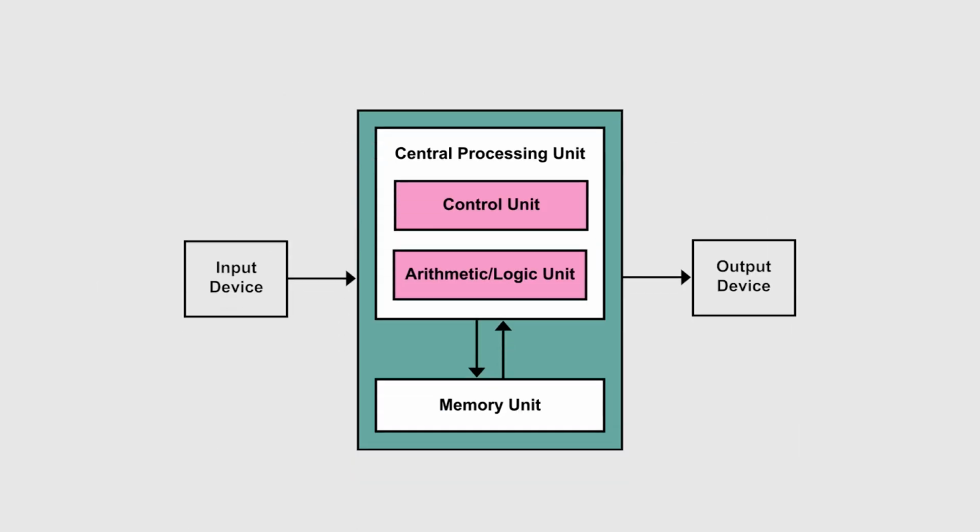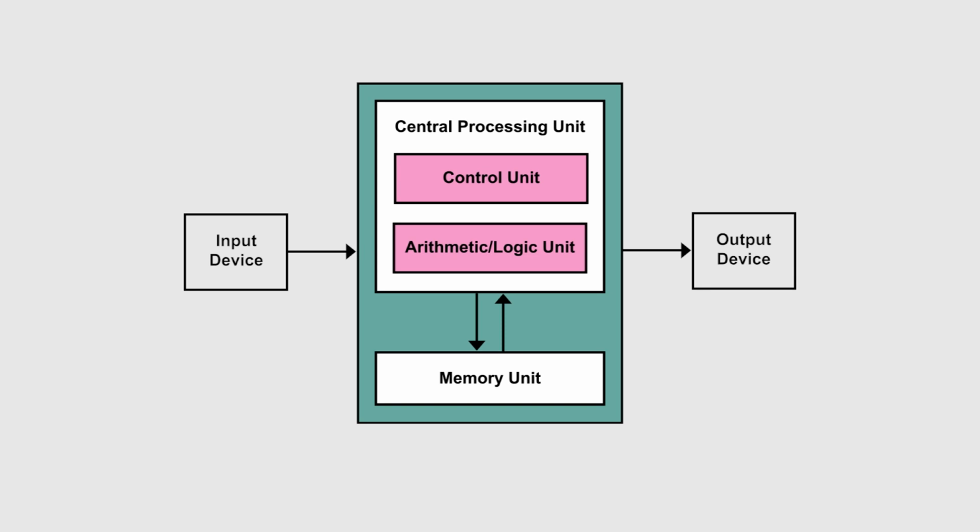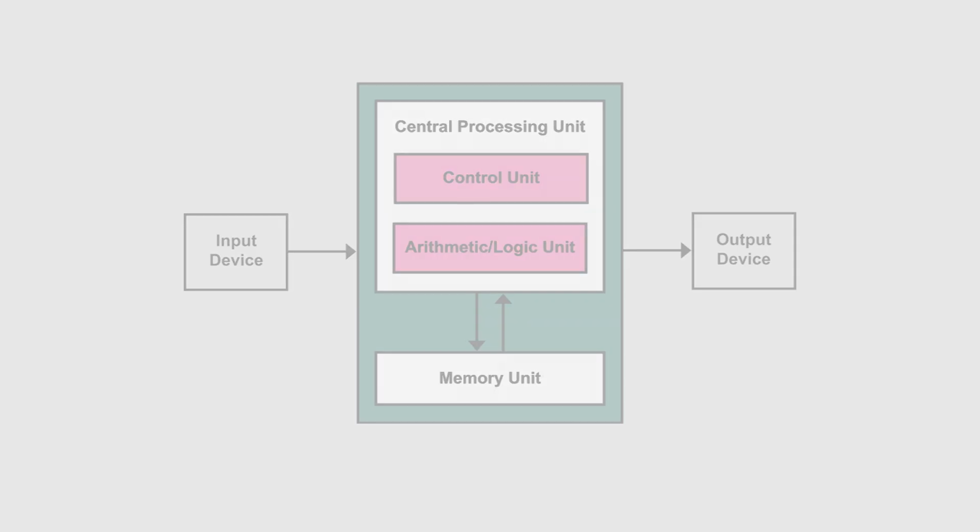The memory unit serves as storage for both data and computer instructions. The control unit takes care of getting and putting this information in memory, and the ALU handles all the mathematical and logical operations on the data. The separation of memory and processing causes slowdowns when dealing with a lot of data. This is known as the von Neumann bottleneck.